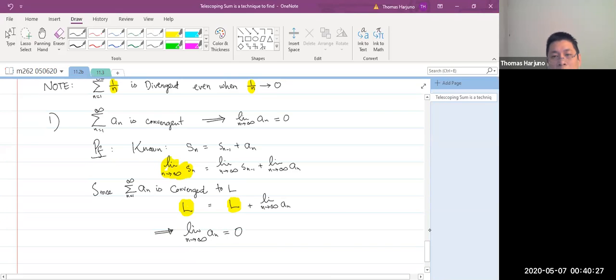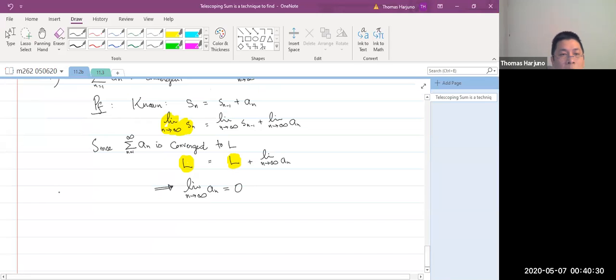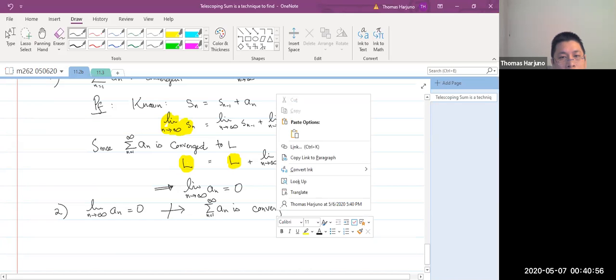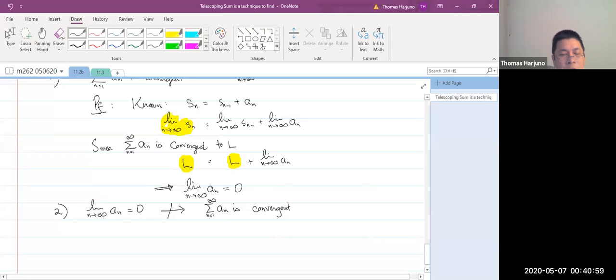But simply because the last term, the sequence, goes to 0, it does not imply the series will be convergent. It's necessary but not sufficient. The limit of the sequence going to 0 is necessary for the series to be convergent, but not sufficient.